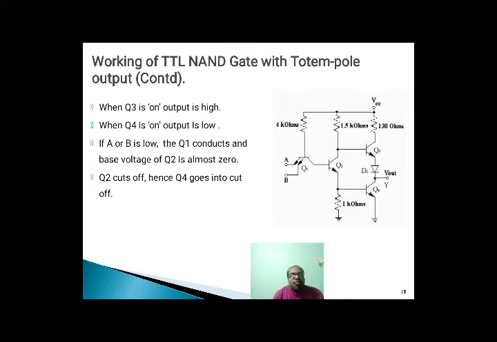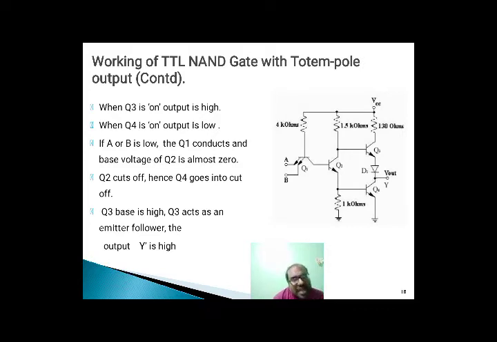Hence, Q4 also goes into the cutoff condition. Now, Q3 base is high and Q3 acts as an emitter follower. Then the output Y is high.